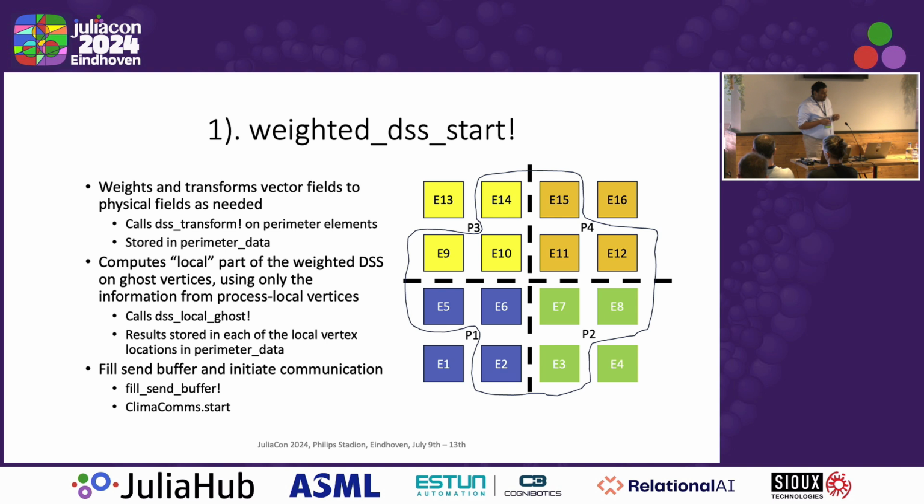Then we compute what is called the local part of the weighted DSS on the ghost vertices using only the information from the process local vertices. So this helps us reduce the size of the communication buffer a bit. And the results are stored in each of the local vertex locations in the perimeter data. And then we fill the send buffer and initialize the communication.